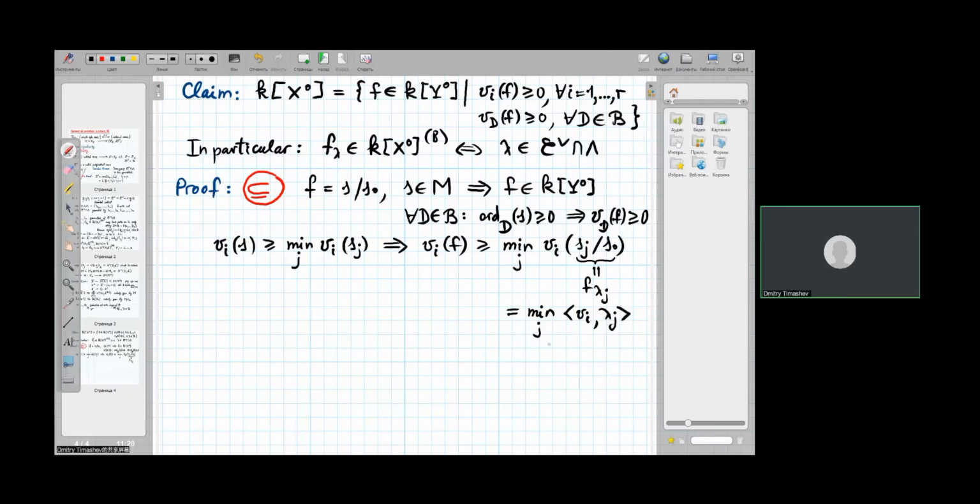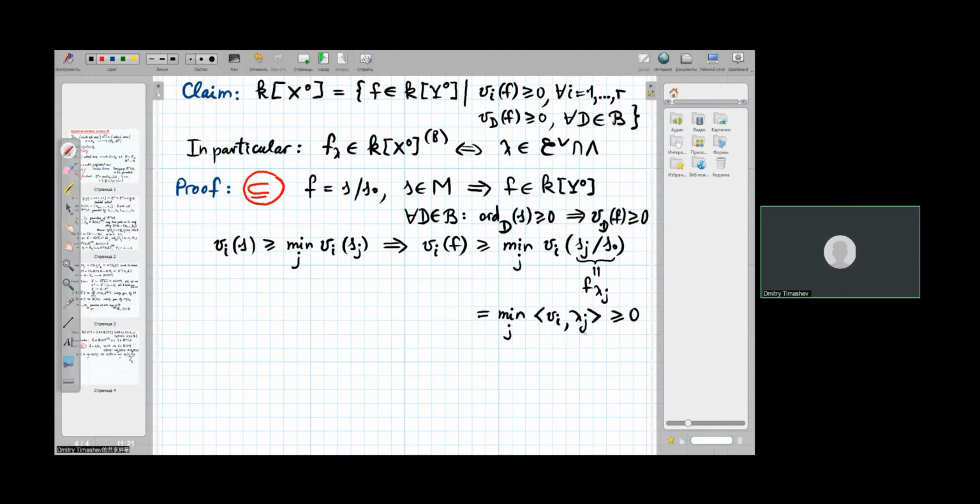But this is non-negative, just because the lambda j's are in the cone C check, and the Vi's are in the cone C. So here we have pairings of the vectors from the cone C with the vectors from the dual cone, and all these pairings are non-negative.